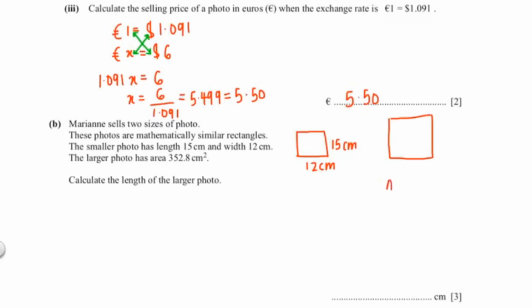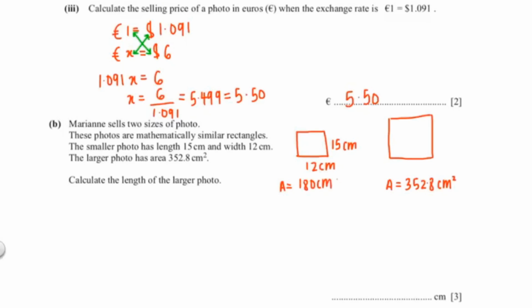The area of the larger photo is 352.8 centimeters squared. From the information given, we can calculate the area of the smaller shape, and that is 180.